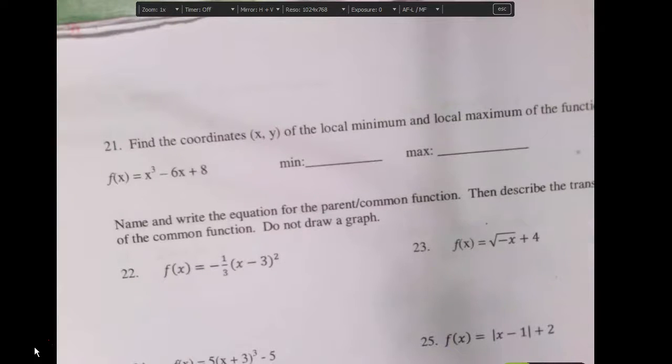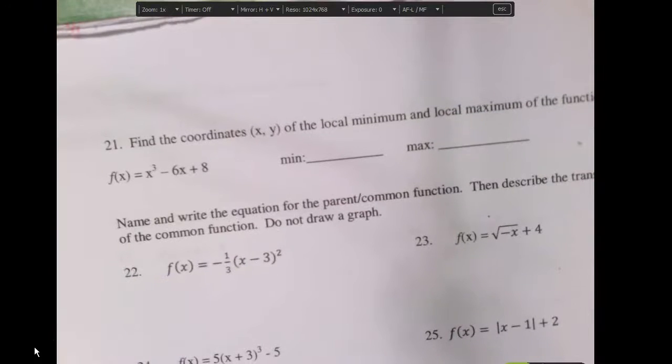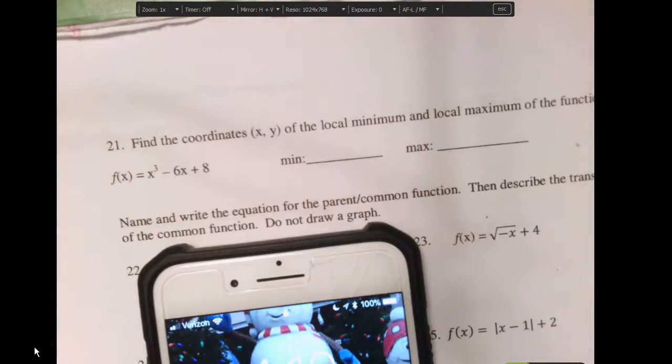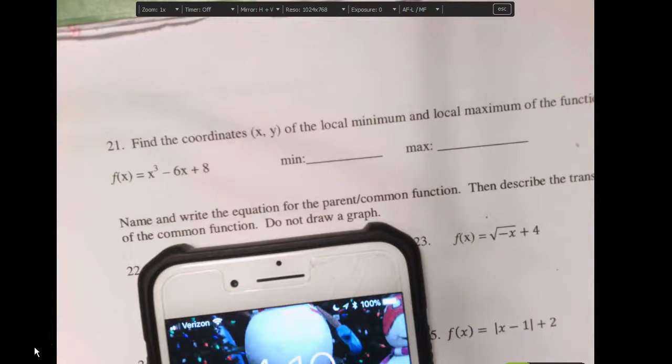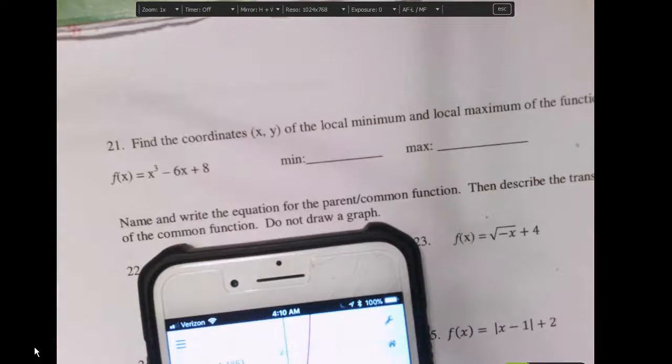So let's find the coordinates of the local minimum and local maximum of the function. We want to look at the graph of that, because we're not into factoring that yet. So let me go back and put my function in.